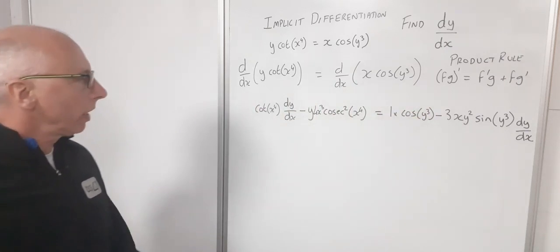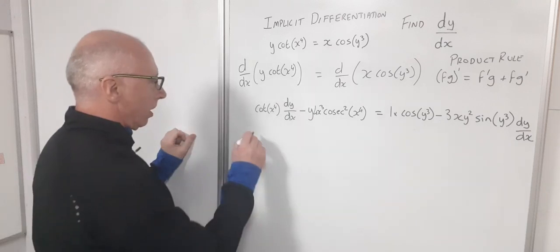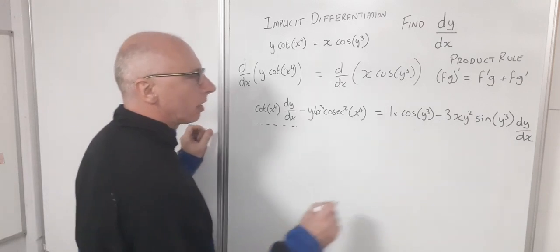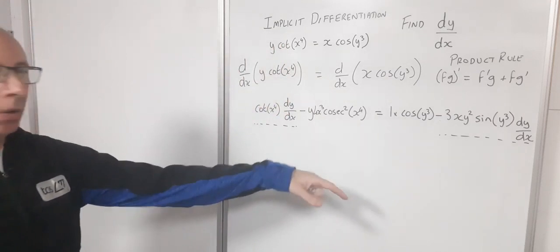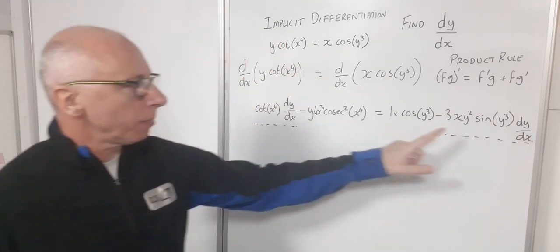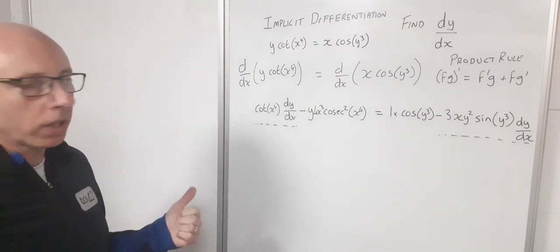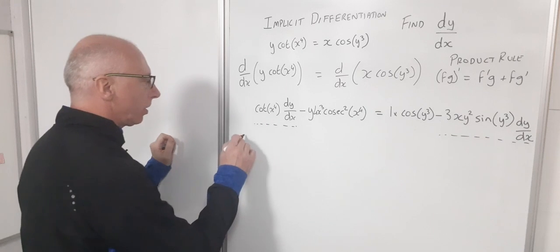So our next goal is to isolate terms with dy dx. So this one here and this one here. So we get all those onto the same side. So I'm going to write the dy dx at the back again because I don't want it looking like I'm taking the derivative of if it's in the front. So I'm going to write this one here, cotangent x to the 4.